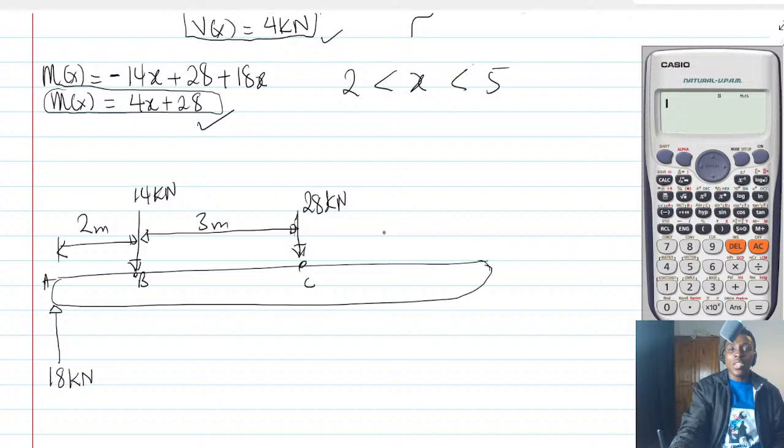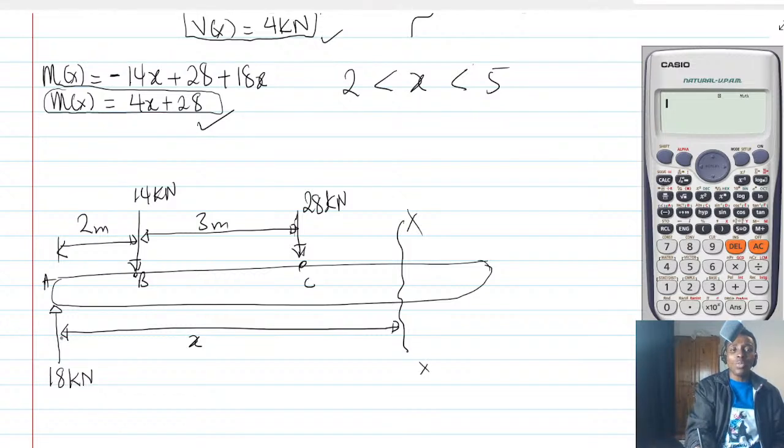Okay. So you see, if I take a section here, let me measure my distance, which is x. So if I take a section x, then the distance x will be from the first force, 18, all the way to where the section is.